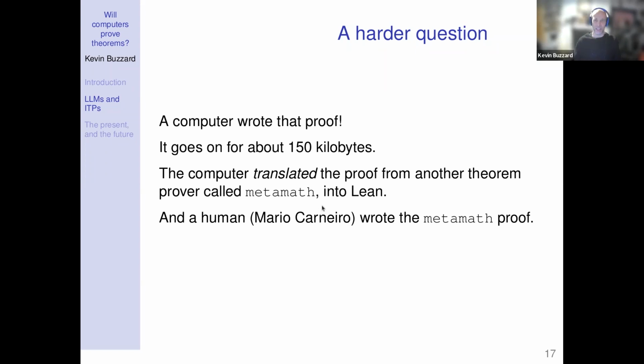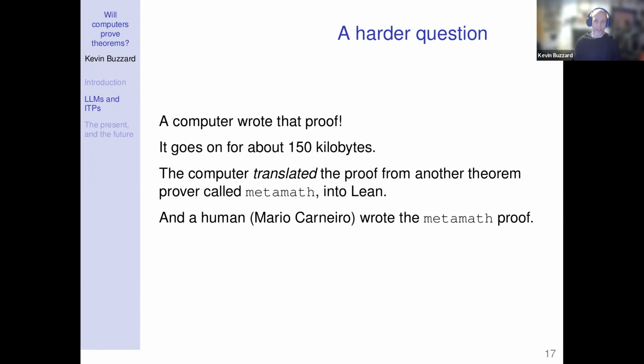And this human is Mario Carneiro. He wrote the MetaMath proof. It's the elementary Erdős-Selberg proof, I mean, it comes out of the prime number theorem. It's the same sort of thing. So if you know enough about L-functions, you can prove Dirichlet's theorem.